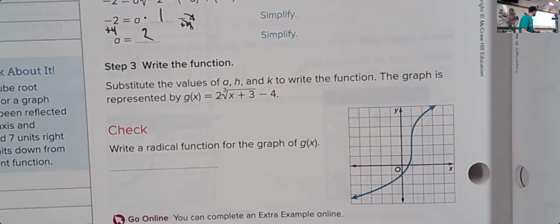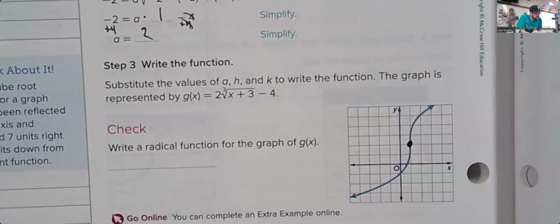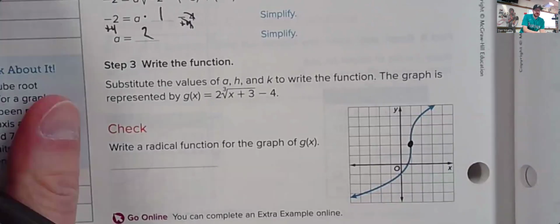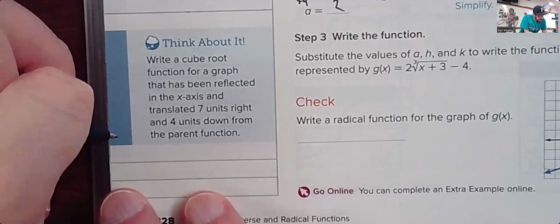All right, let's try the last one here. Where on this graph appears to be the point of rotational symmetry? 1, 2. Good. Which means, let's go ahead and do some work off to the side here. H equals what?